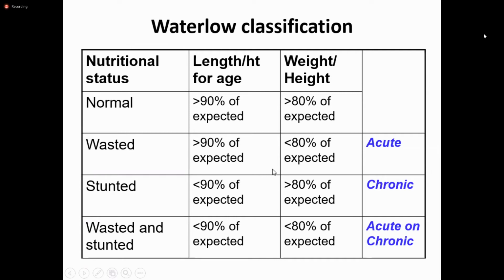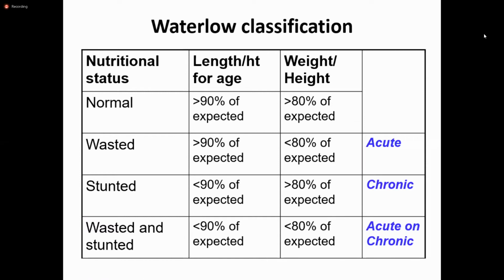So depending on these parameters, wasted, stunted, or wasted and stunted both. This classification helps you to tell about the physiology or process of malnutrition. So if height is normal, like in this case, height is normal, but weight for height is low, this means there is acute malnutrition.